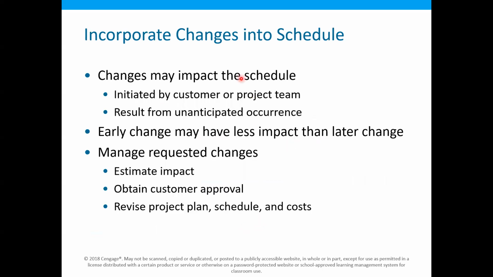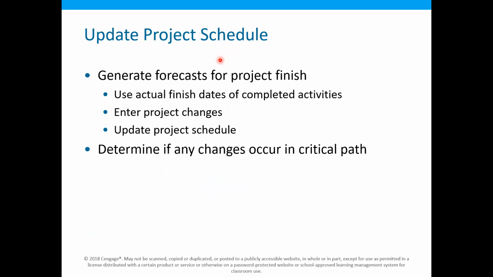Okay, so incorporate changes into the schedule, so that whatever changes happen as a result of the regular progress are incorporated into the schedule. And then once the information is added into the schedule, the project is updated.